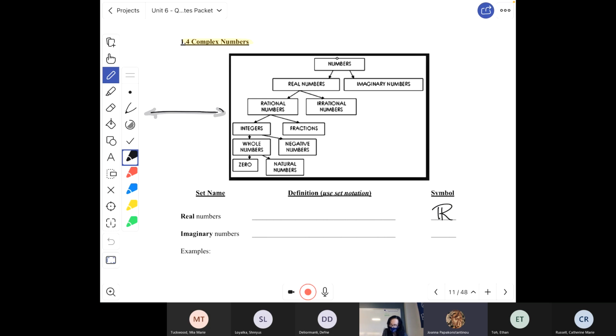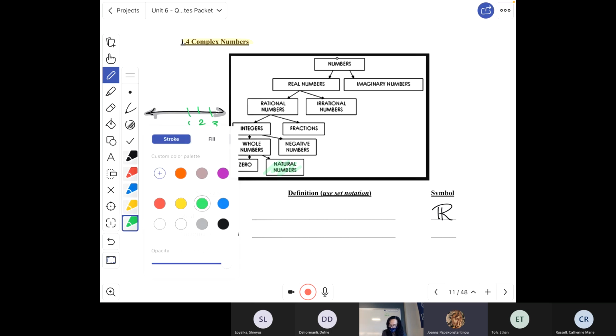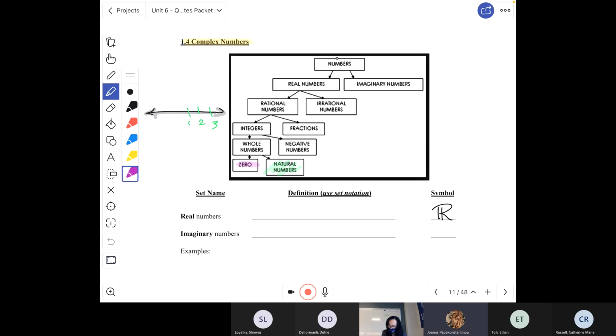We looked at the real number line and then we said, hey, I have some natural numbers. Remember, we are counting numbers 1, 2, 3, etc. Then we added 0 to it. Remember? And we had our whole numbers.